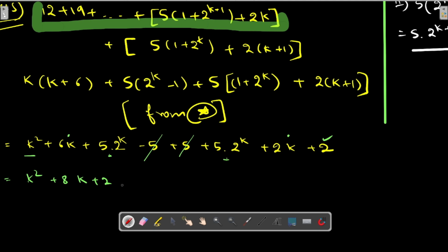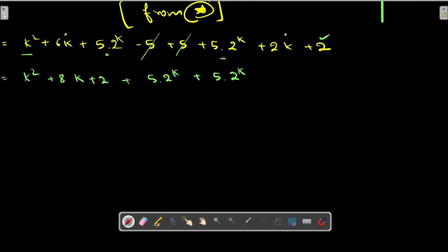So let's write them as they are, we're going to handle them in the next step. Now 5 times 2 to the power of k and 5 times 2 to the power of k. So this is k square plus 6k plus 2, plus 2 times 5 times 2 to the power of k, and that's k square plus 8k plus 2.